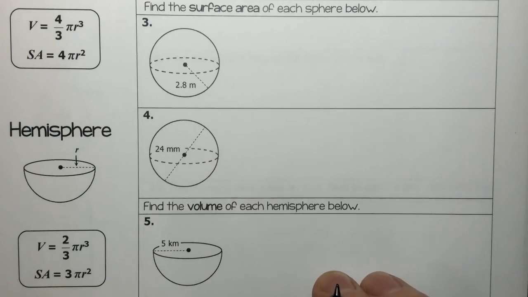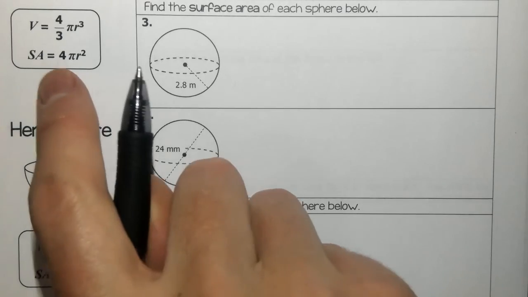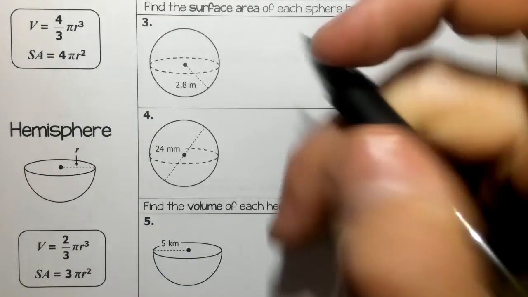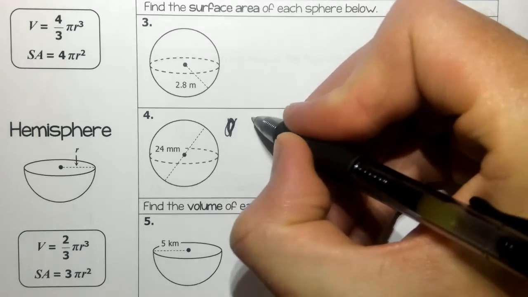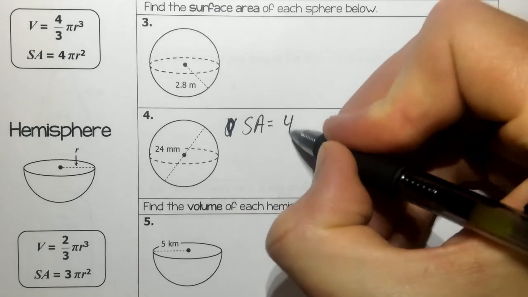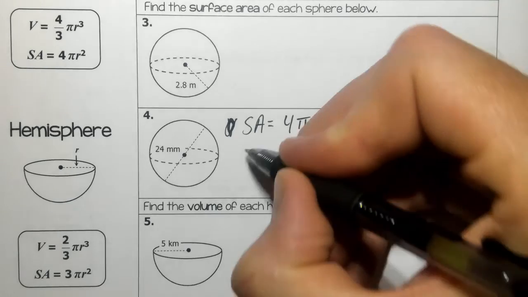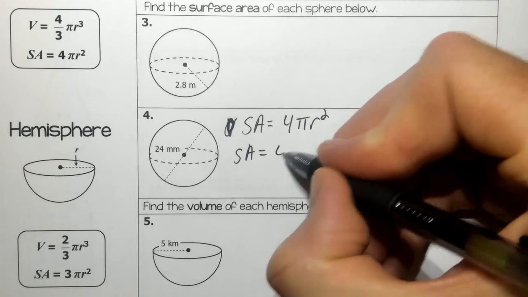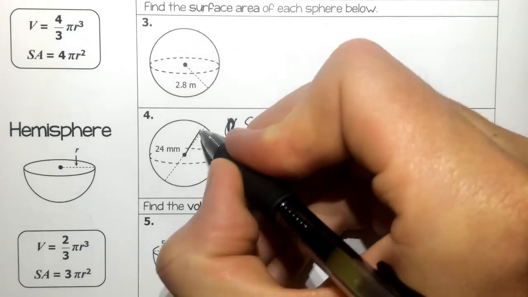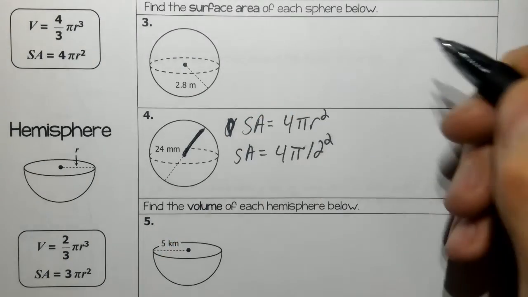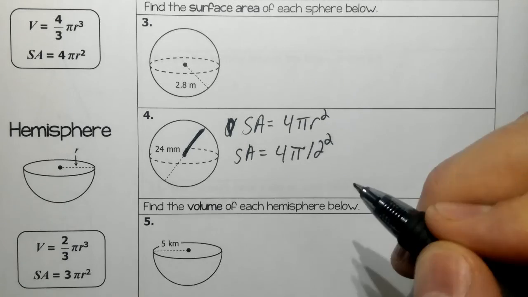So different formula for surface area. We're going to use this 4 pi r squared. Oops, not V. Surface area is 4 pi r squared. So 4 times pi times 12 squared. We only want half, right? Not 24. 24 is the diameter.